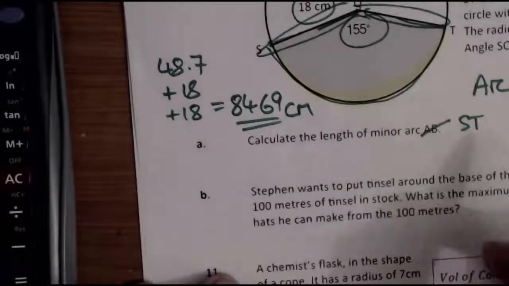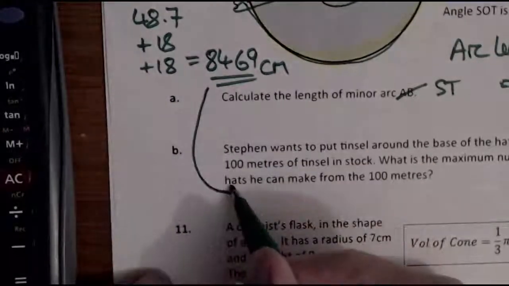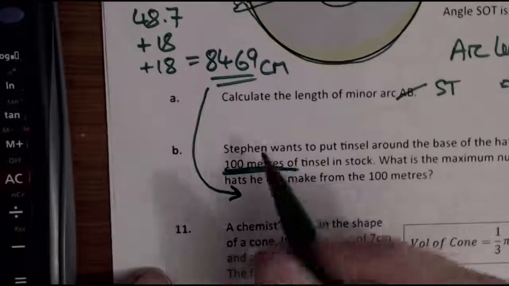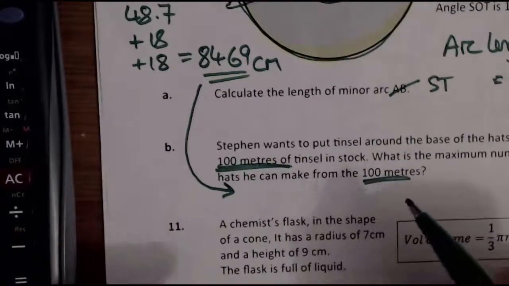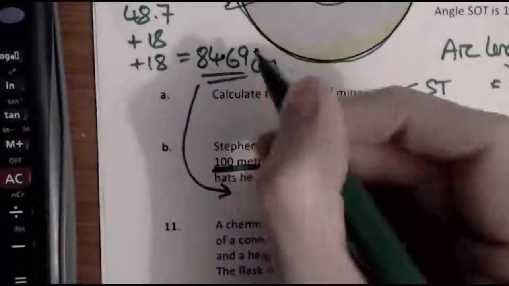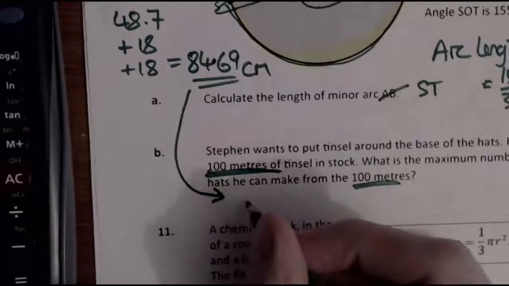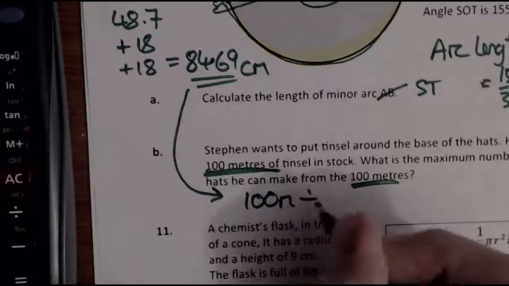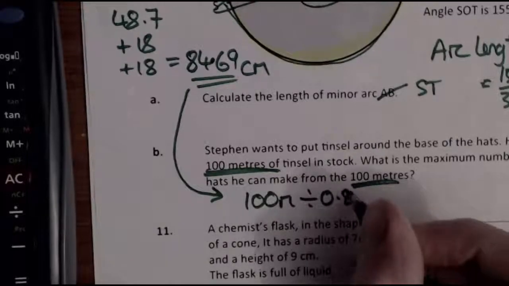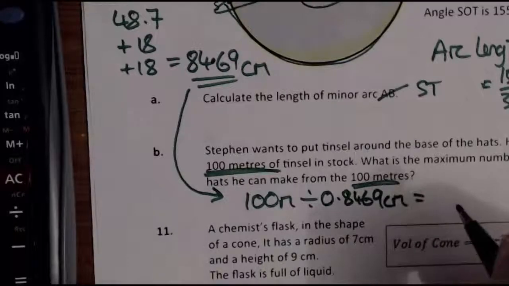Okay, so there's 100 metres to play with, right? Each one is obviously less than a metre. So we need to work out whether we want to turn this into metres or turn this into centimetres. If we go 100 metres and then divide that by 0.8469 metres for each one, we can then work out how many hats we've got.